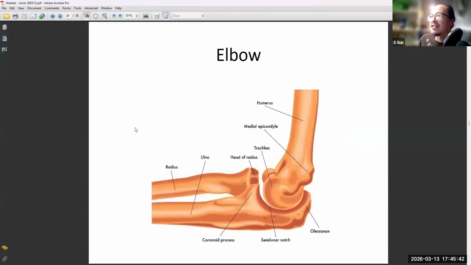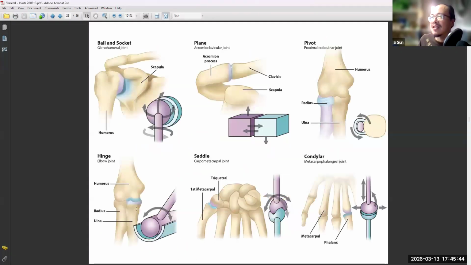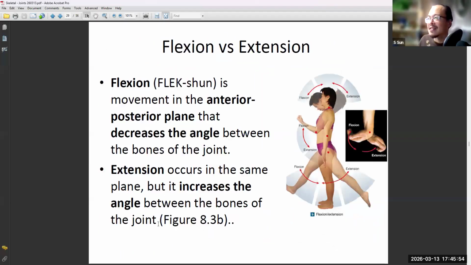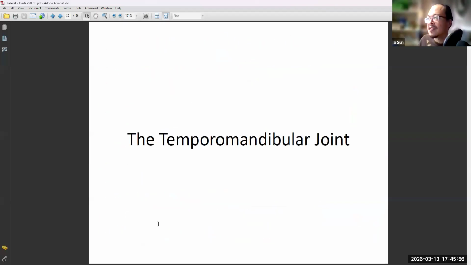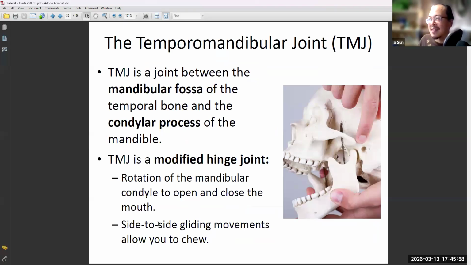Let me show you here. So it's like a hinge, like a door, right? Hinge like a door. It will open in only one direction. So you can see that it's not like a ball in a socket. This is like a hinge. So it will rotate, and that is only one direction.